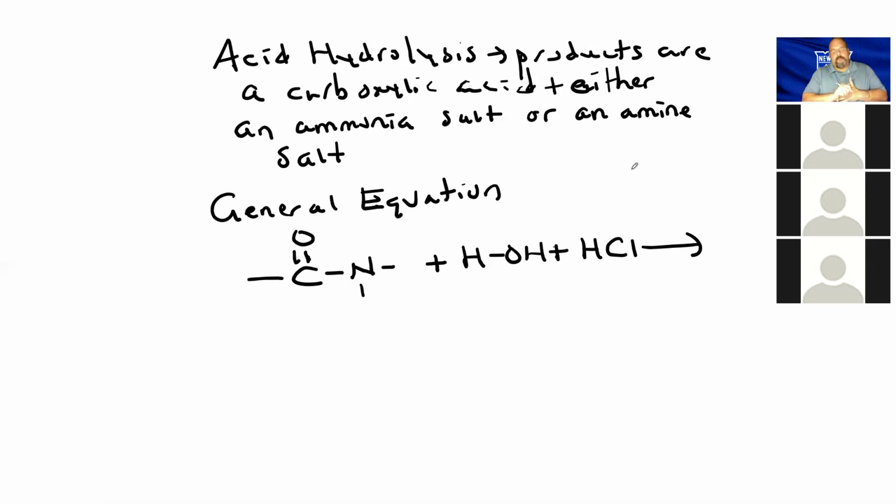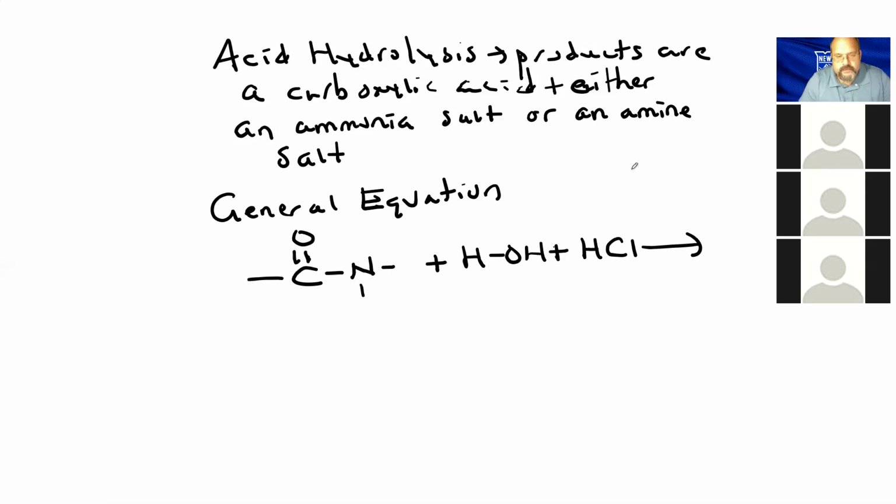Couple things before we begin. When we talked about esters, we talked about the key bond for an ester, the bond that forms when esters are made, and that was the bond that broke when esters split apart. We identified that key bond as the single bond between the C double bond O carbon and what I call the alcohol oxygen.